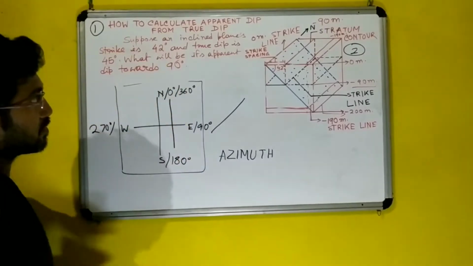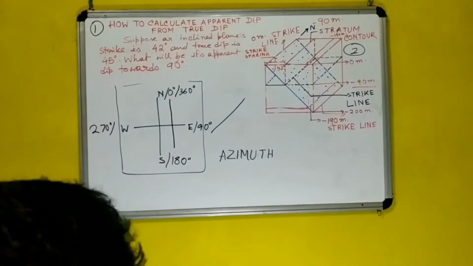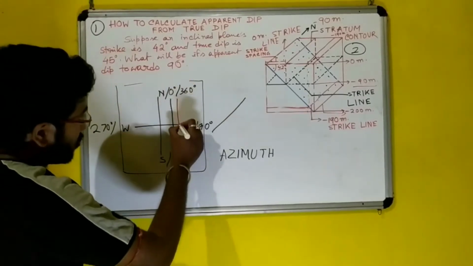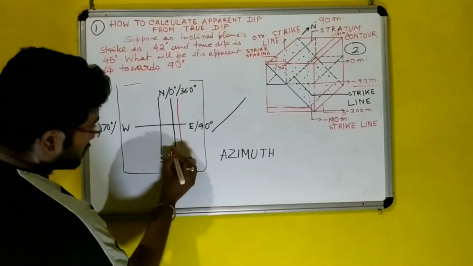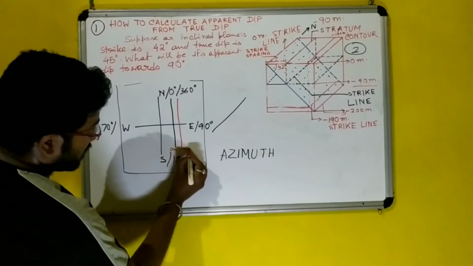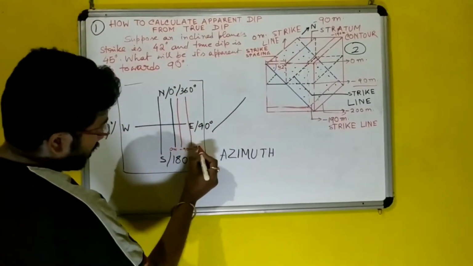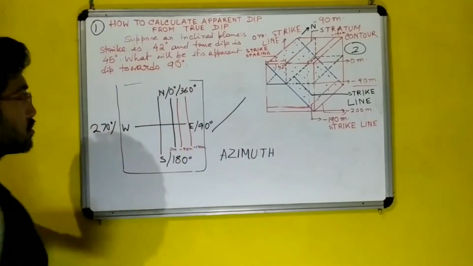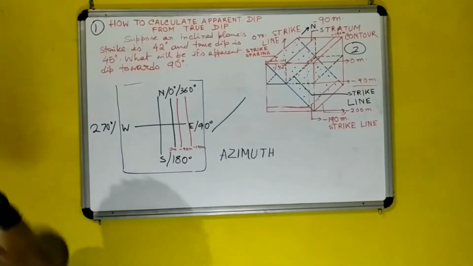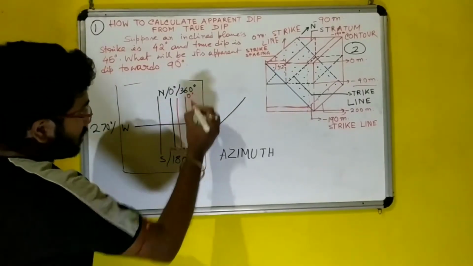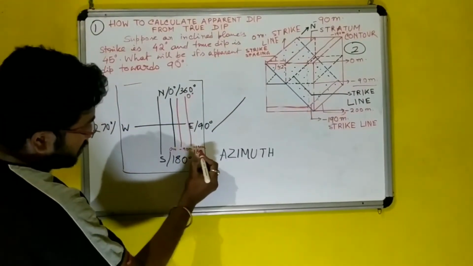This red line is for the structure contour. Suppose this is 0 meter, this is minus 90 meter, this is minus 190 meter structure contour. So the trend of this line will be 0 degree and 180 degree.